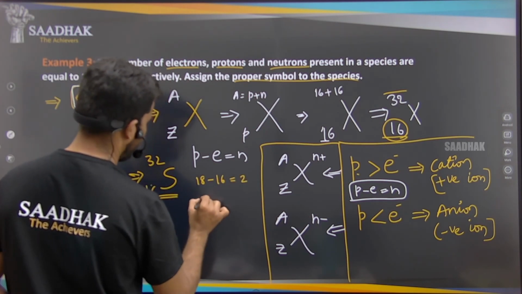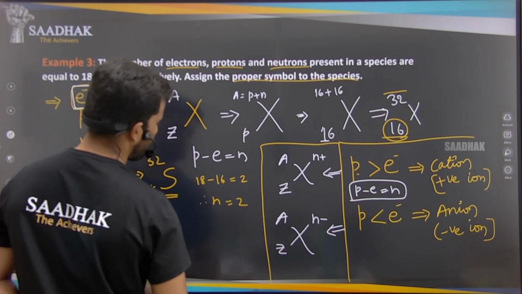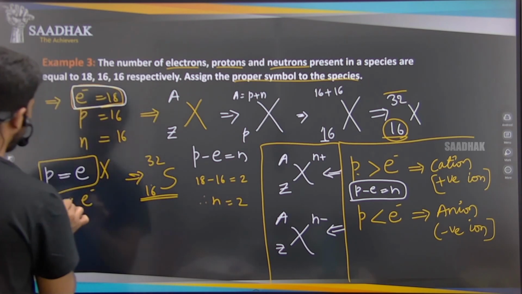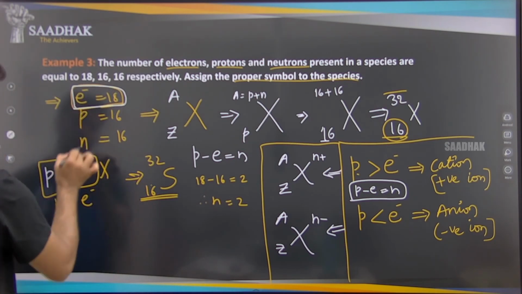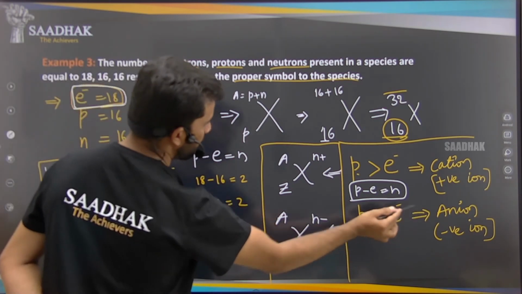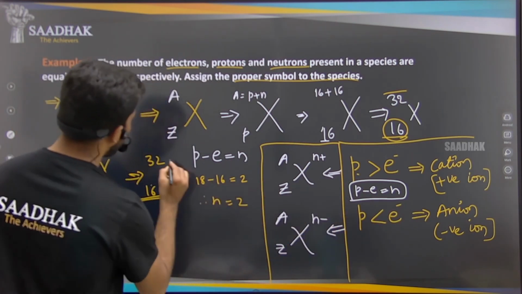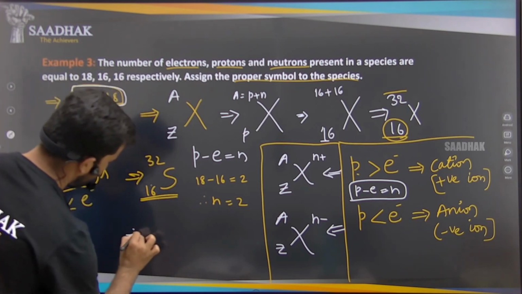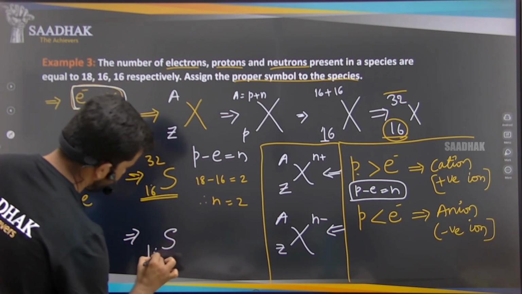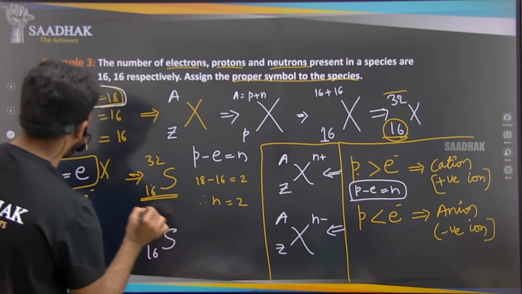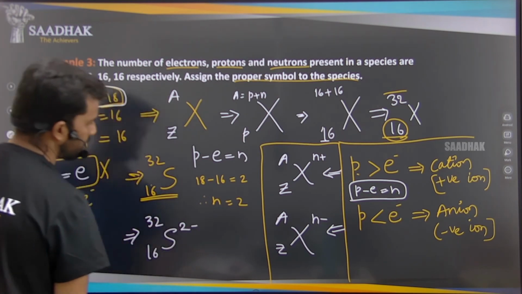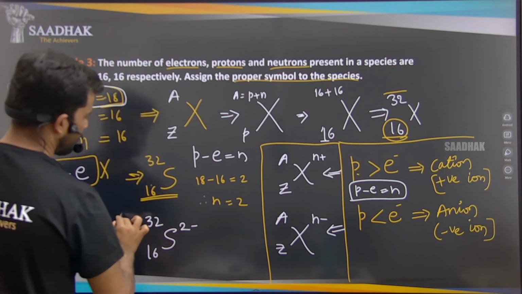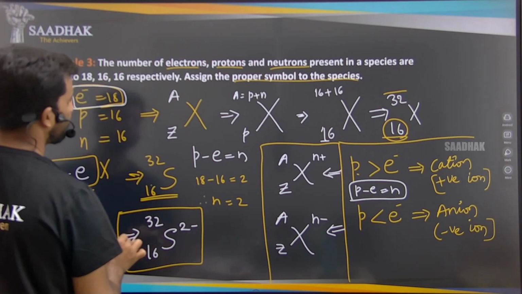So the N value is 2. As we see here, P is less than E, so it will be an anion. So that will be 2 minus. We write this as sulfur 16, 32, 2 minus. So this is the complete answer of this question.